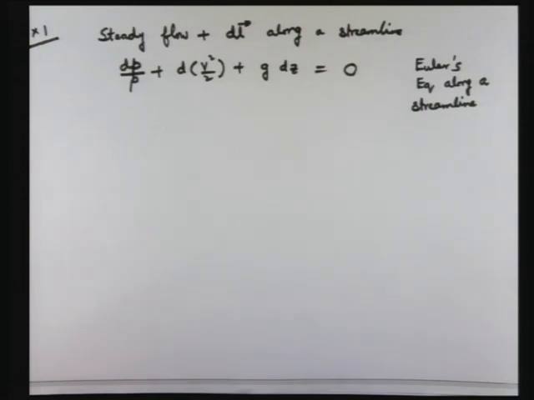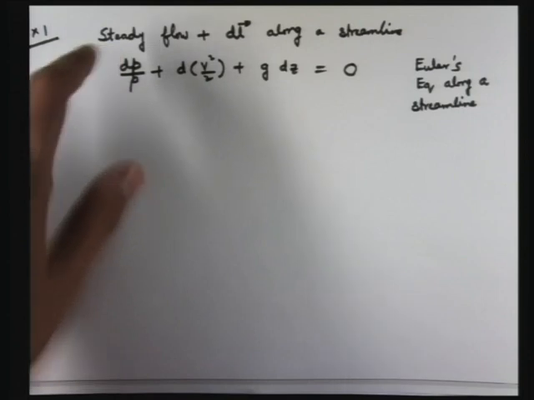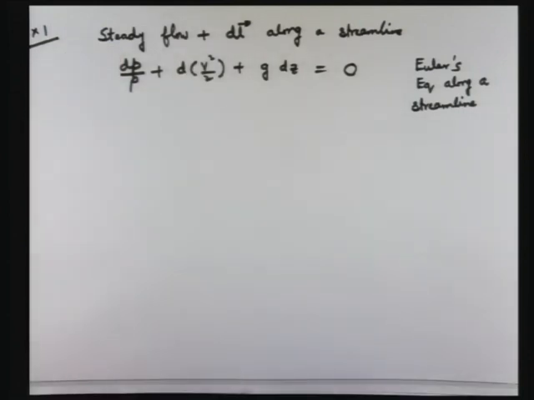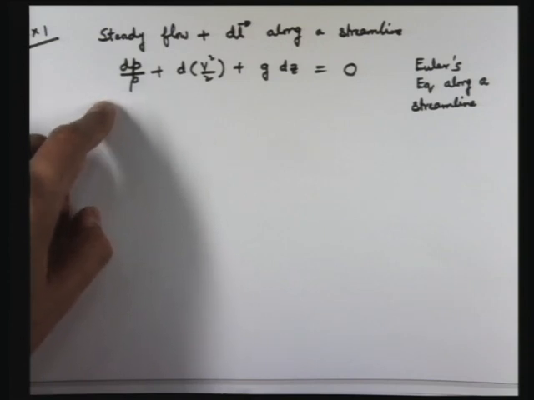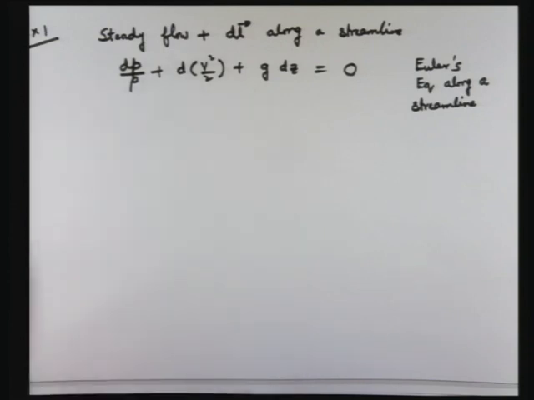So what are the assumptions under which this equation is valid? Not only in fluid mechanics, in any subject in science or engineering, it is important to know the equations, but it is more important to know what are the assumptions that go behind the equations. What is the first assumption with which we started this chapter? Inviscid flow. So inviscid flow, let us write the assumptions one after the other.